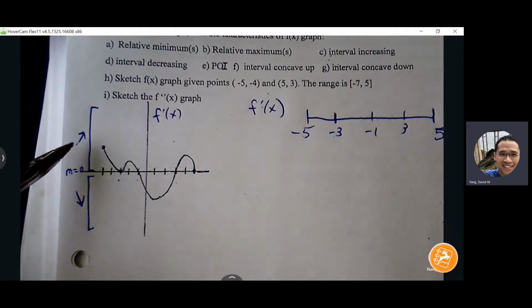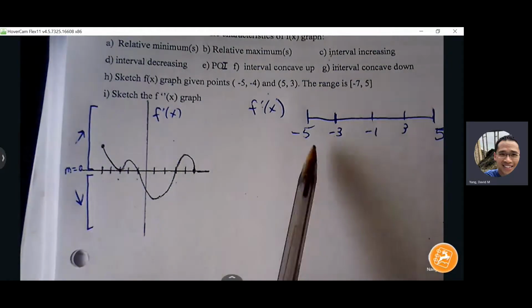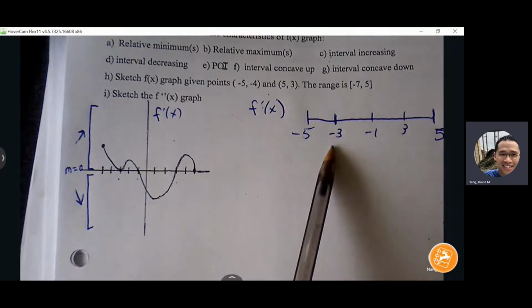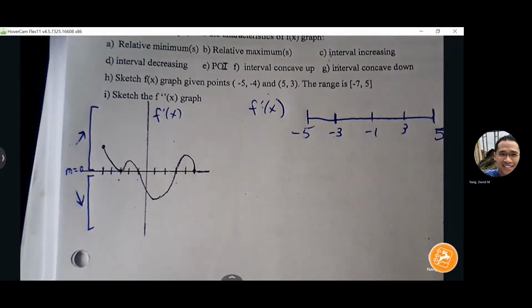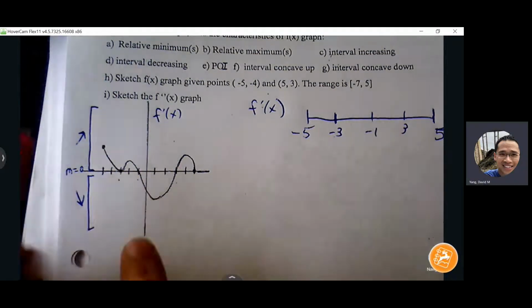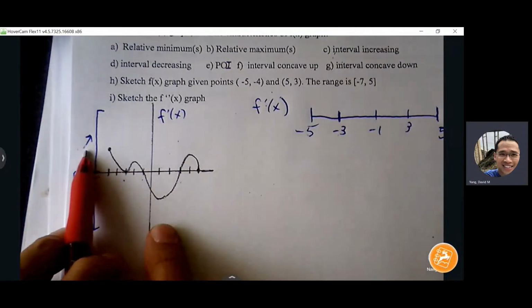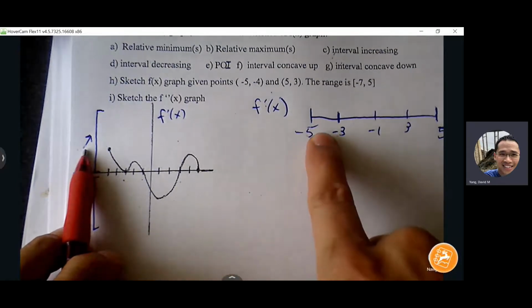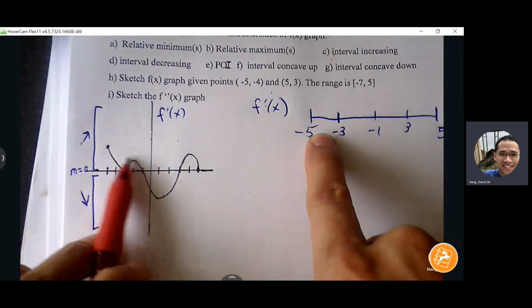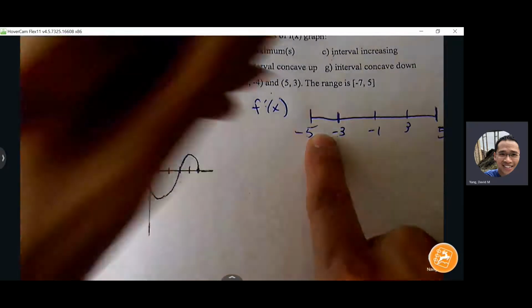Okay, so having these to the side of your graph is going to be helpful because anything between -5 and -3, where is the graph located? Above, right? Above the x-axis, and we look at our guide here that's telling us that's going to be a positive slope because it's all in the positive region above the x-axis.